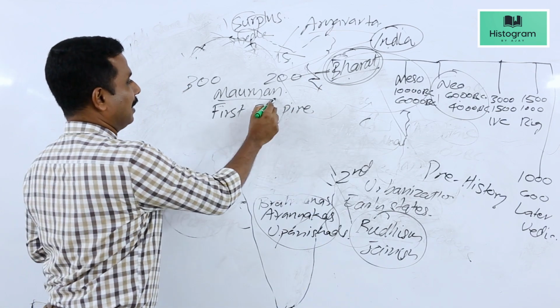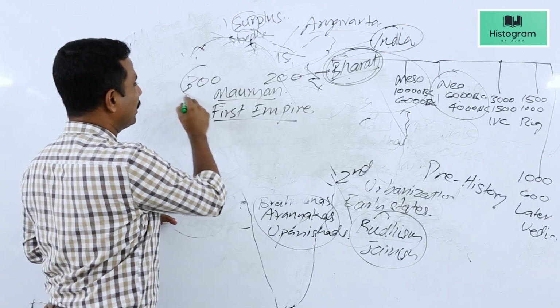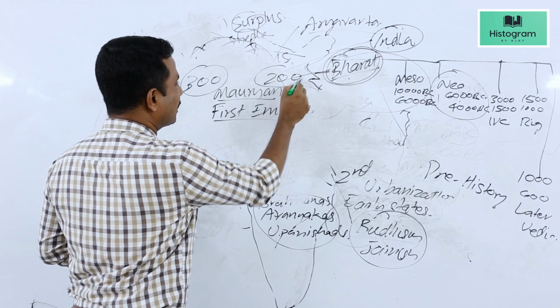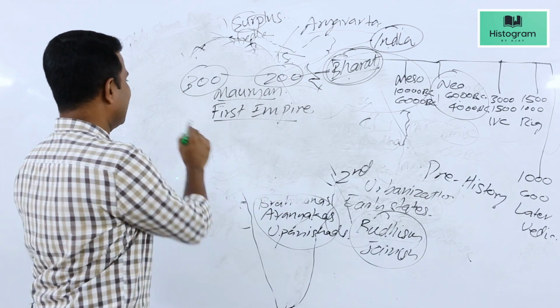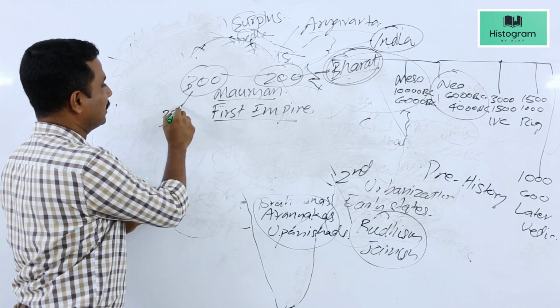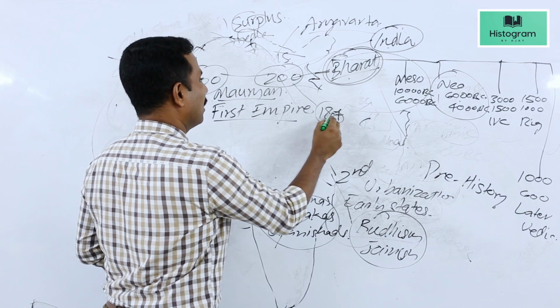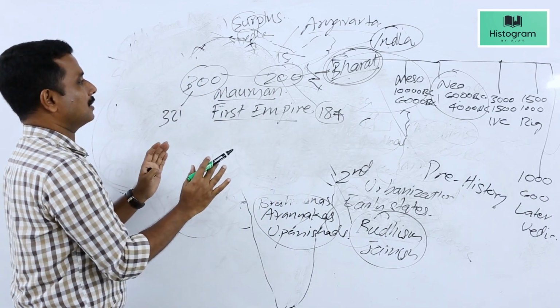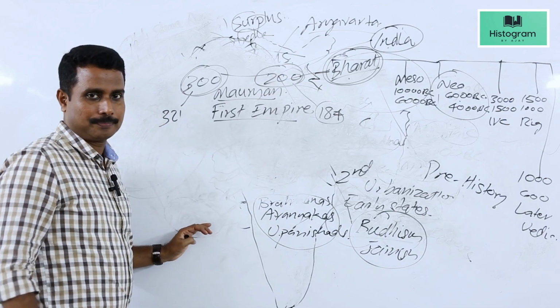Thus, the Mauryan Empire was the first empire in Indian history. This Mauryan period is roughly from 300 BC to 200 BC. Exactly, the Mauryan period started from 321 BC and ended by 184 BC. But for better broad understanding, we round it off to 300 BC to 200 BC.